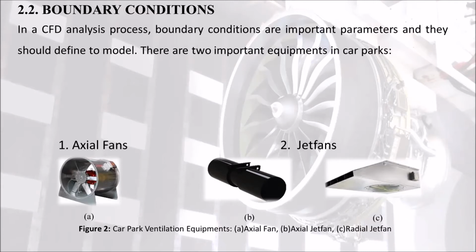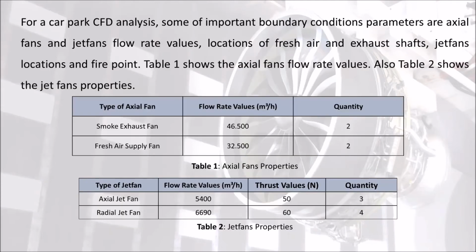Here we have 3 important equipments for this closed area. One of them is the axial fan, and the other one is the jet fan. Here you see our axial fan properties, the type of our axial fan, flow rate properties in cubic meters per hour, and our quantities.